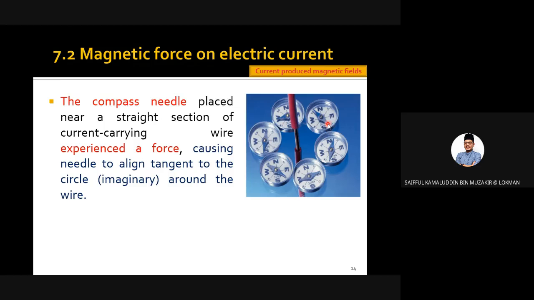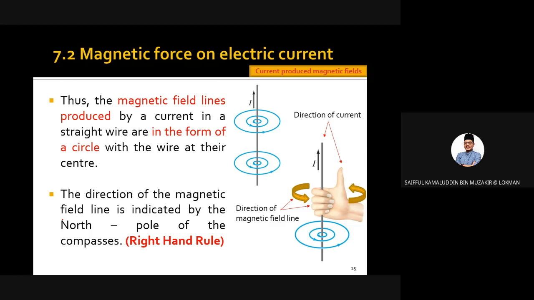So if the circle is like this, where is the direction of the electrical current? We actually can determine that using our right hand rule. We use our first right hand rule over here. The magnetic field lines produced by a current in a straight wire are in the form of a circle with the wire at their center, like this.